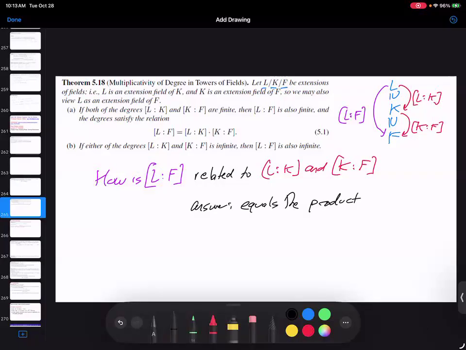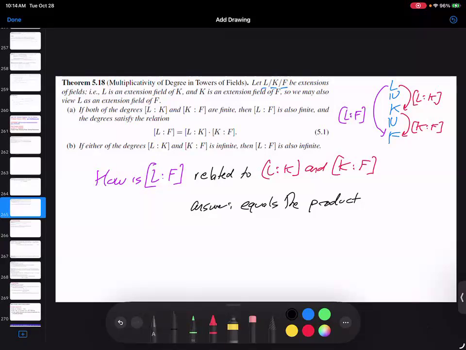And we had a result similar to this in group theory. If one of the extensions is infinite, L over K or K over F, then L over F is also infinite. And this is a big question, is when do you need infinitely many elements? When do you only need one?